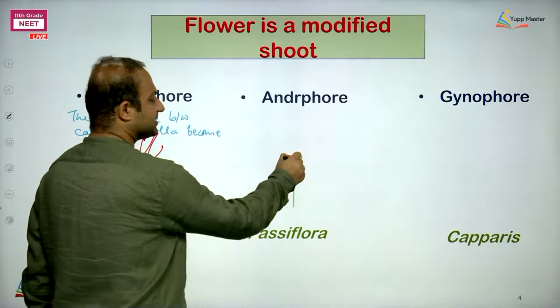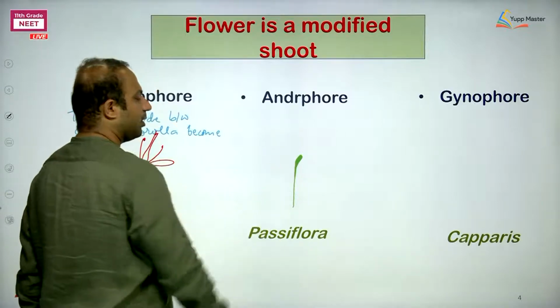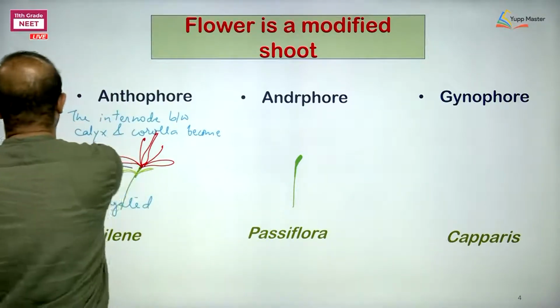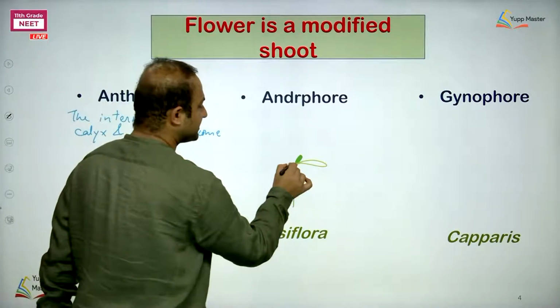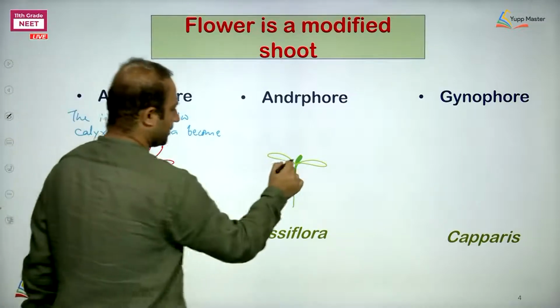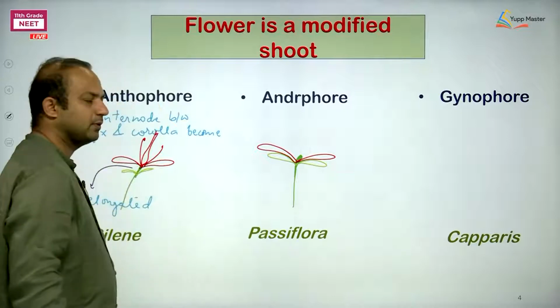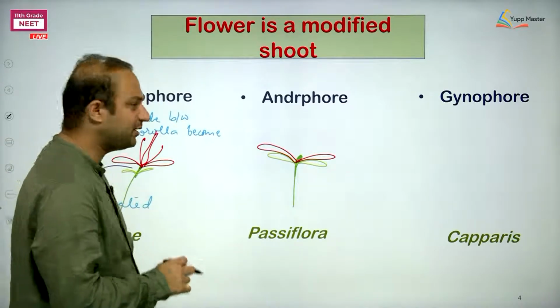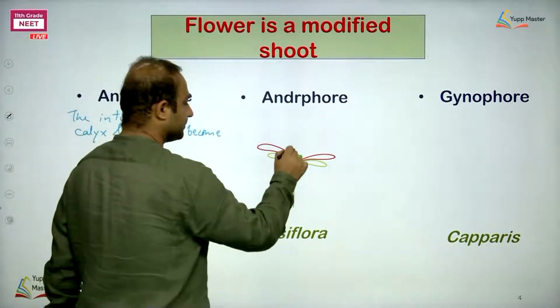As usual, the thalamus, the swollen type of tip, the bulb-like tip of the pedicel, bearing the calyx and corolla almost from the same place, very much close to each other. But what is different here? The structure which is going to be different is this.